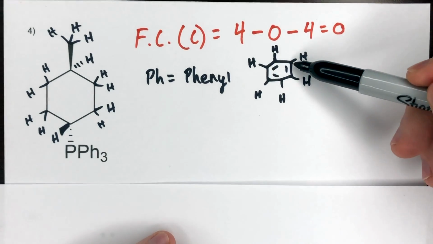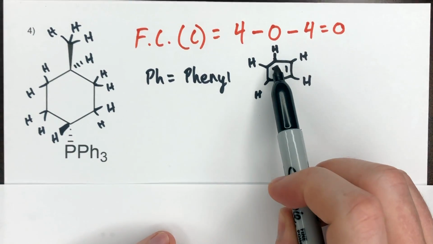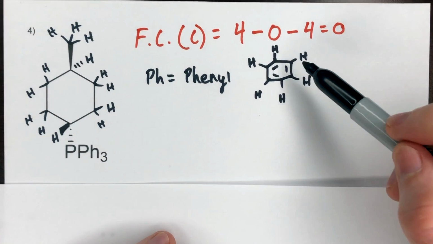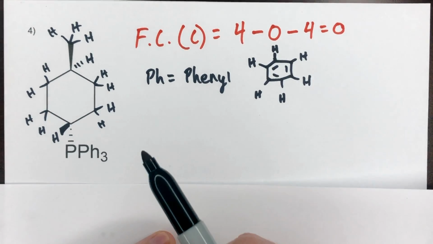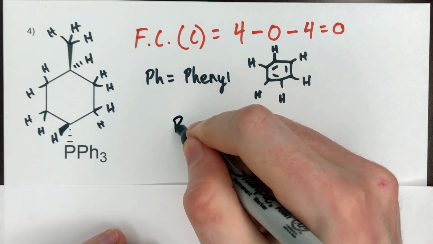So if we look at this one, that's a carbon-carbon double bond, there's your 2 bonds. Then a carbon single bound to this carbon at the top, that's the 3rd bond, and then to that hydrogen lastly. So you can look at each one of those and convince yourself that they have 4 bonds, 2 of them in the double bond, and then 2 single bonds. Hence, all of those carbons would also have a formal charge of 0. So that's why when you see PPh3, this is the structure.